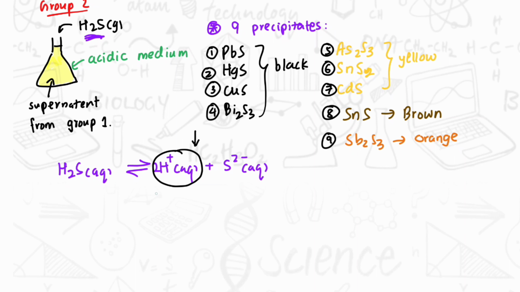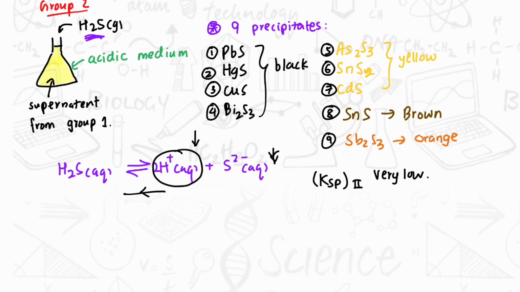As a result, the equilibrium will shift to the left, reducing the amount of sulfide ions. The Ksp value of group 2 ions is very low. Since they are very low, even small concentrations of sulfide ions can precipitate them.